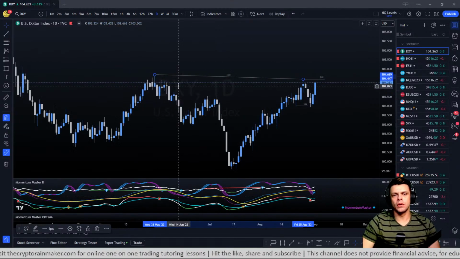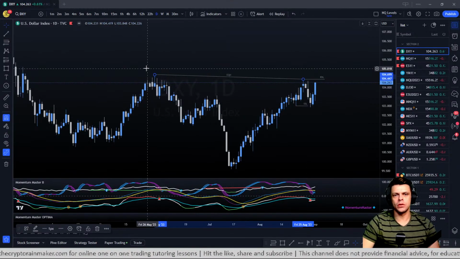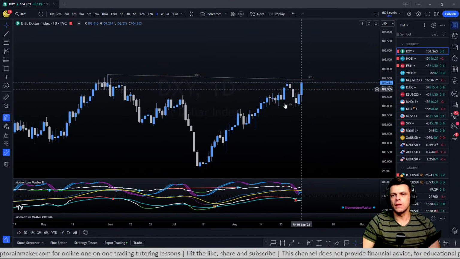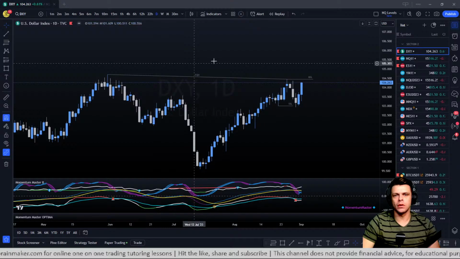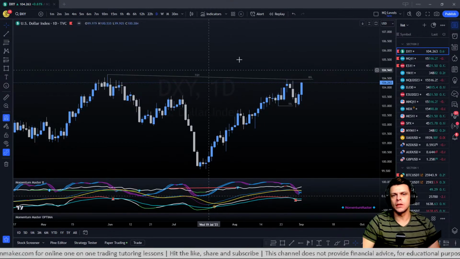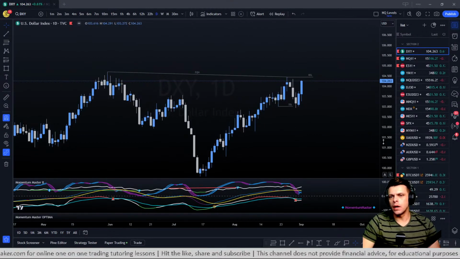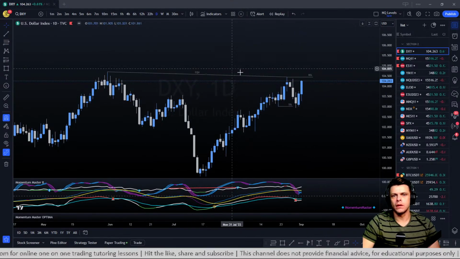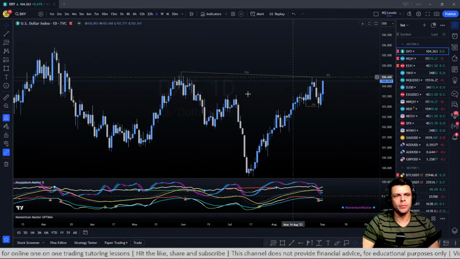Traders will ideally put their stop losses in this area if they are short on the dollar, and then the idea is that the market makers will go and attack that area to basically knock them out and pair up the positions that they opened in this area with the liquidity that's in this area at the top.